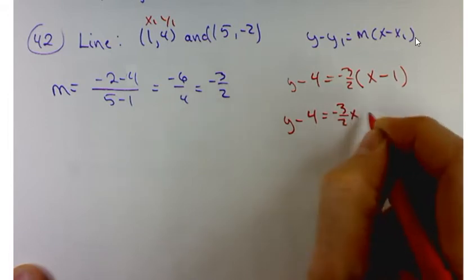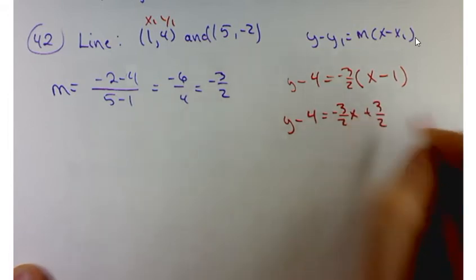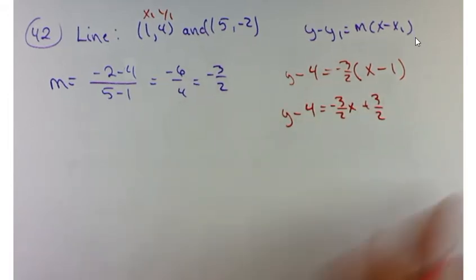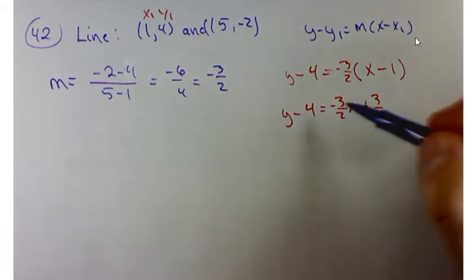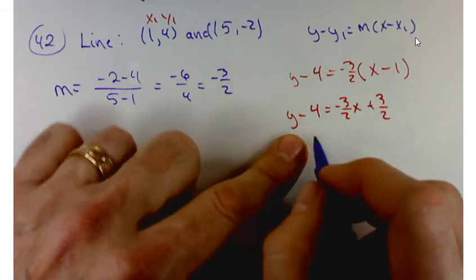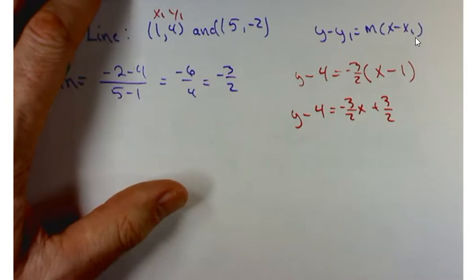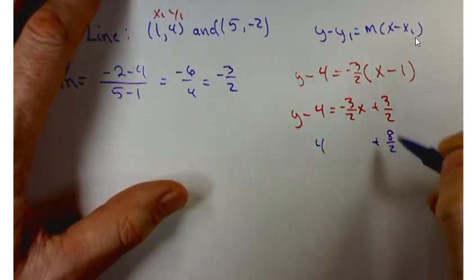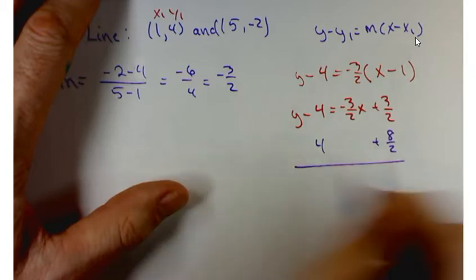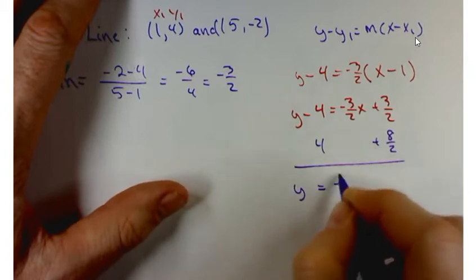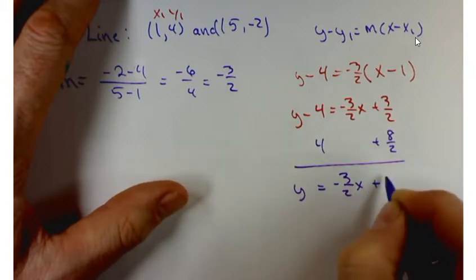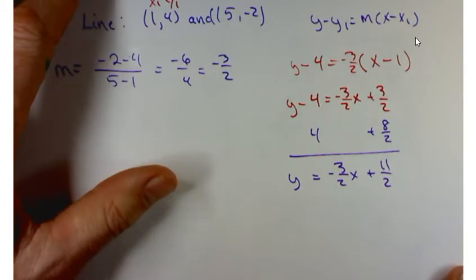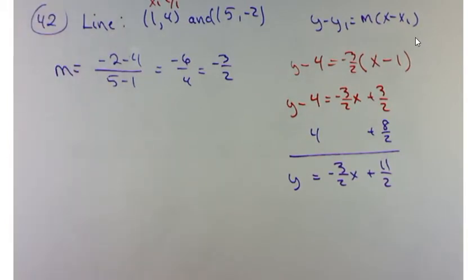So it's negative 3/2 x plus 3/2. Now I'm going to add 4 to both sides to get rid of that 4 here. But on the right-hand side, instead of 4, I'll write it as 8 over 2. So I get y equals negative 3/2 x plus 11/2. Well, that's an equation in x and y.